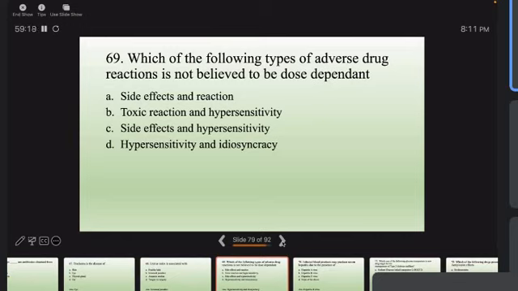So which of the following types of adverse drug reactions is not believed to be dose dependent? We can rule out one by one. Hypersensitivity and idiosyncrasy. Okay. Why do you say so?